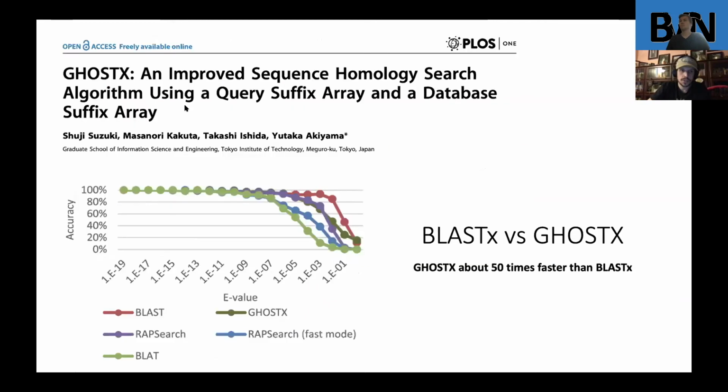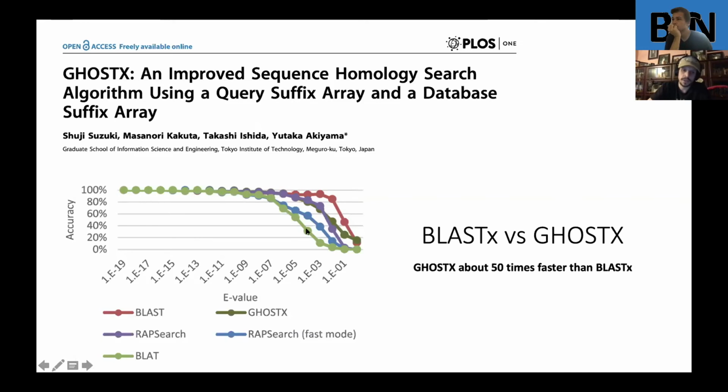So the difference between Ghost Koala and BLAST Koala is that Ghost Koala, instead of using BLAST, uses GhostX, which is another sequence homology search tool. I like this figure that they show. They were able to show that GhostX is about 50 times faster than BLASTX, and above a certain e-value threshold, it's not that much less accurate than BLAST.